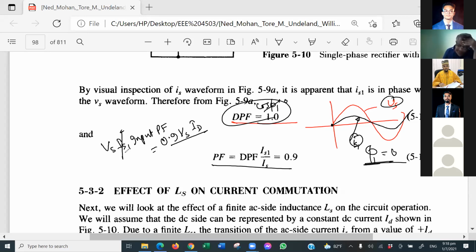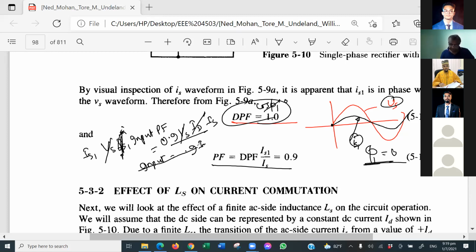Then the Vs cancel, and then this is your IS. So the input power factor is coming as 0.9 IS by IS1.